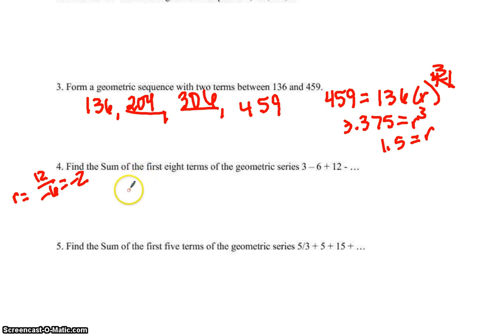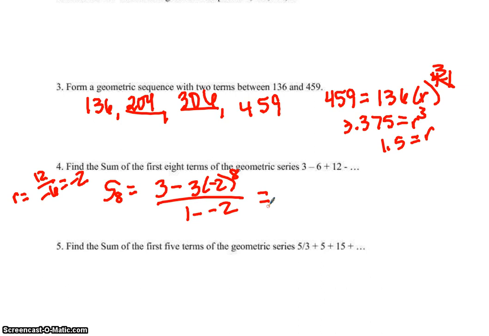So Sn, which is going to be S of 8, because I want the sum of the first 8, is equal to a1, which is 3, minus a1 times r to the n. So 3 times r, we said, was negative 2 to the n, which is 8, all over 1 minus r, so 1 minus negative 2. This goes in your calculator.